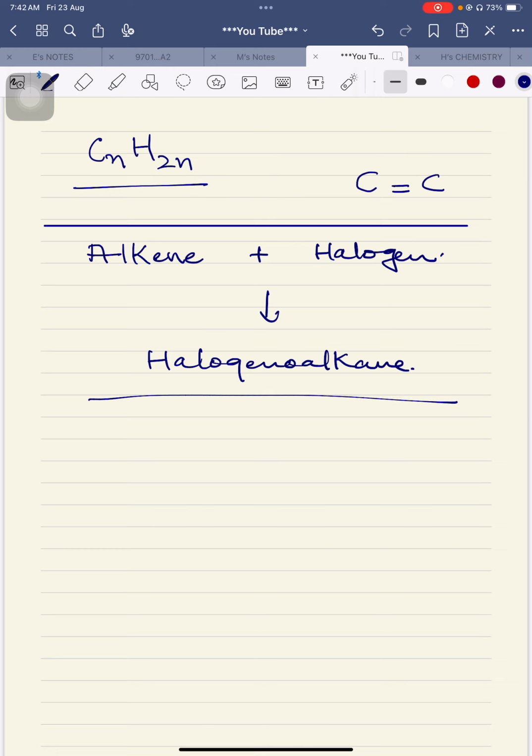Let's take an example. This is an alkene, its name is ethene. It is also called eth-1-ene. Don't worry at all, I have told you already that I will give you 2 to 3 lectures on the naming topic only. So here, this is for example a halogen.